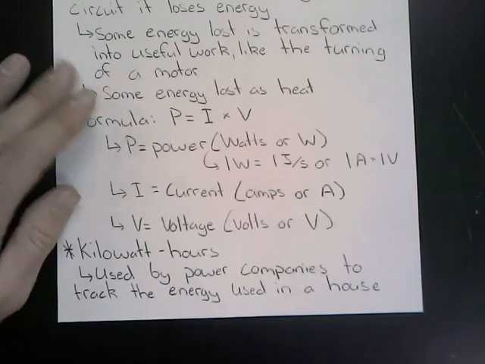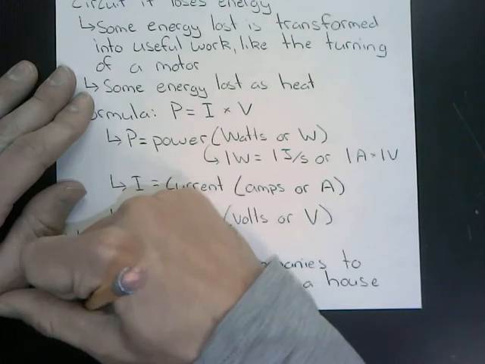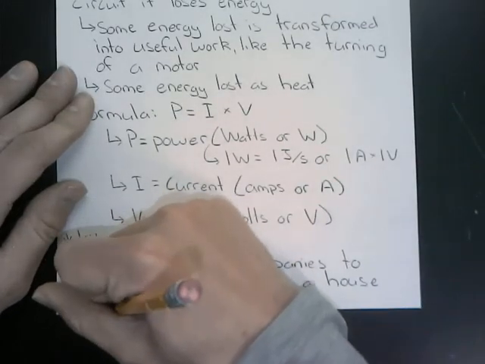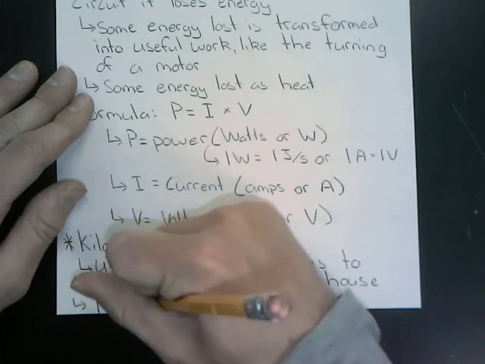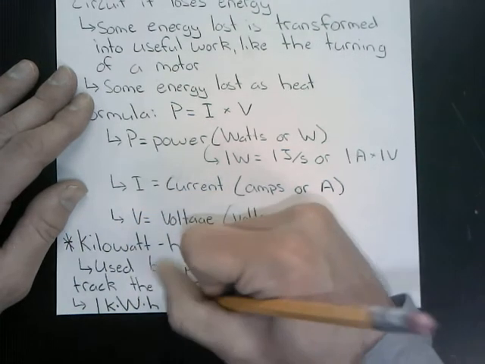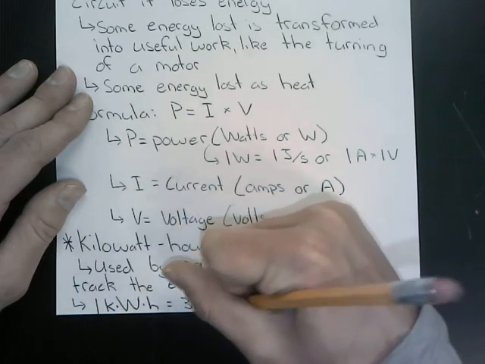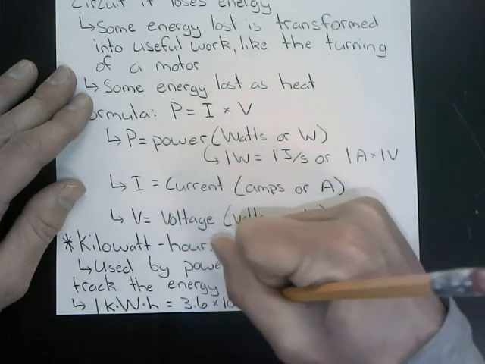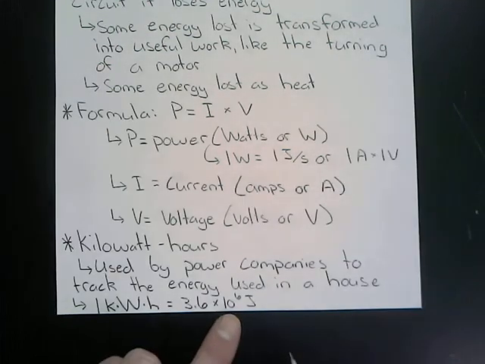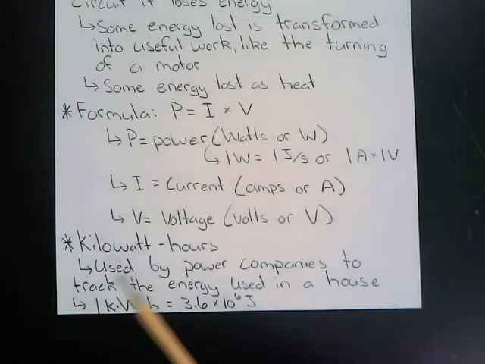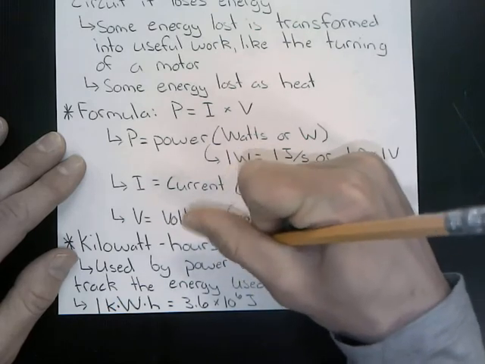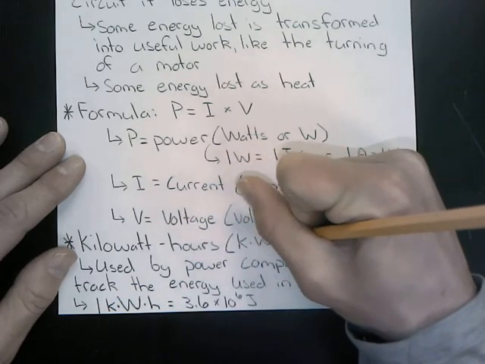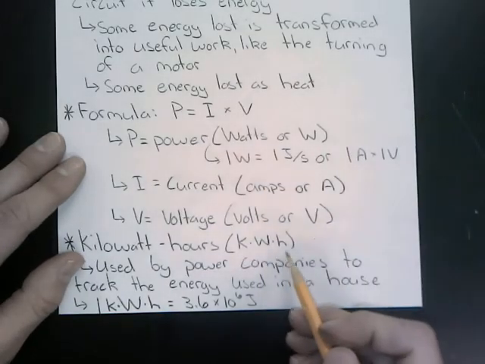To put it into perspective, 1 kilowatt hour, which we express as 1 kWh, is equal to about 3.6 times 10 to the 6 joules. It's an important conversion, because we have talked about energy in terms of joules, and this relates it to a kilowatt hour. Again, kilowatt hour can have the shorthand notation of kWh.